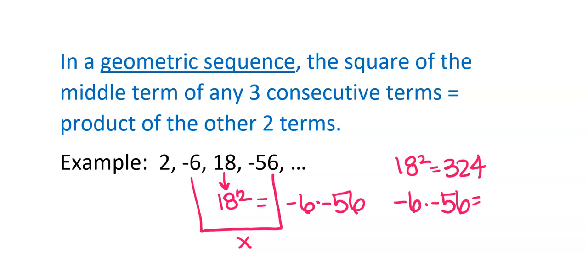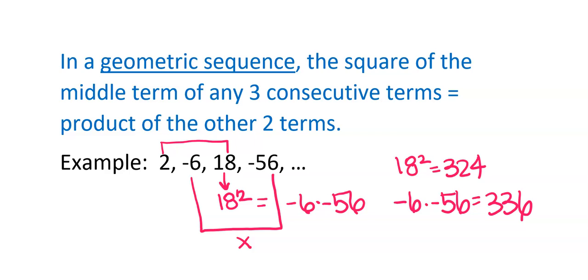okay, -6 times -56, I typed something in wrong, equals 336. I think something went wrong here. 18 squared is 324. Oh, I forgot to take a times 2. So these two multiplied. 18 squared is equal to -6 times -54.